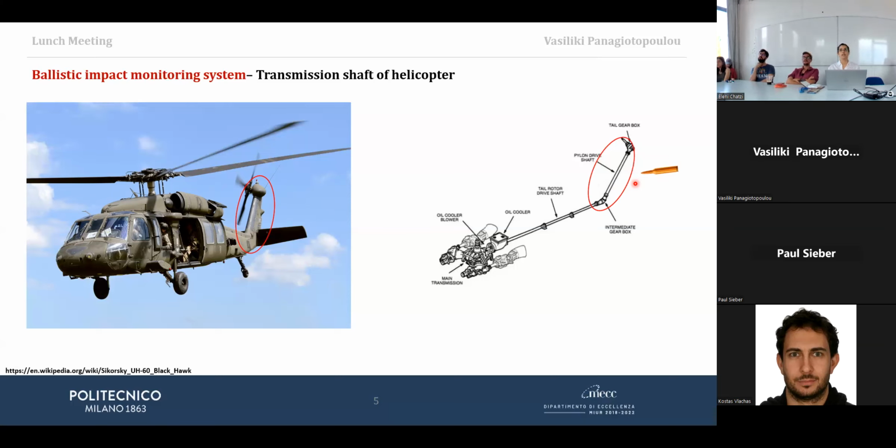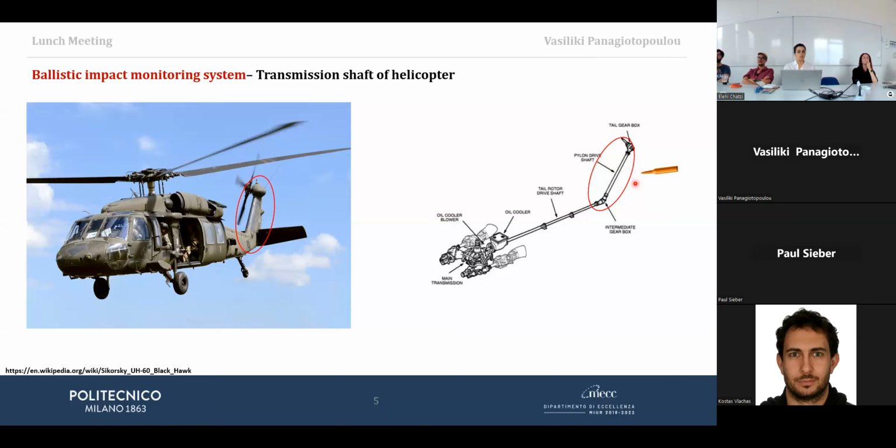We save this data to be processed by aircraft maintenance and fleet operators in order to determine a better plan for the operation of the helicopter and improve the maintenance plan, for example. But there is no specific tool for ballistic impact detection. So there is no such thing implemented in any of the helicopter fleets.